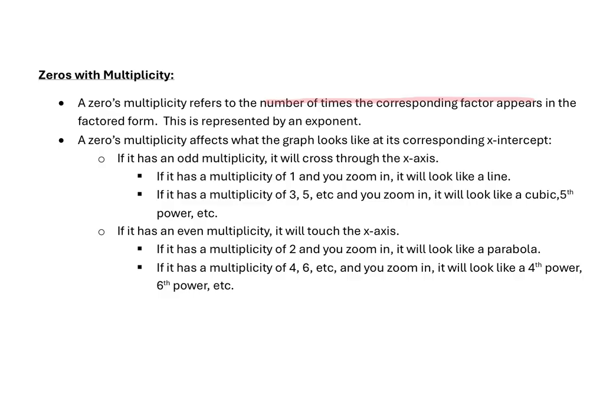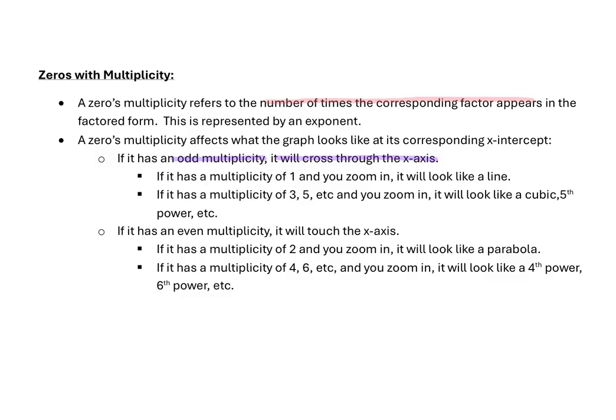Multiplicity affects what the graph looks like at its corresponding x-intercept. If it has an odd multiplicity, what we're going to see is it crosses through the x-axis. Think about all your linear functions. Think about the quadratics where we had 2 x-intercepts, all of these things, okay?